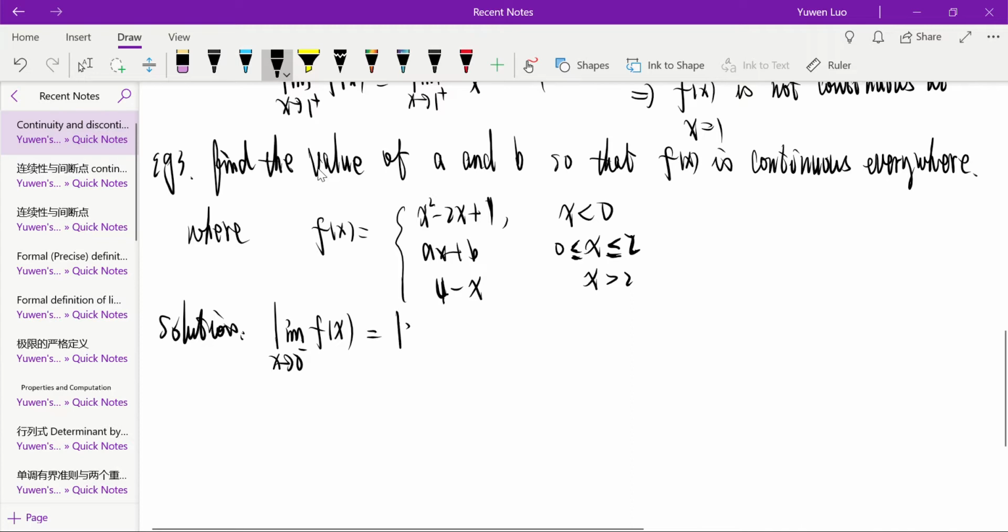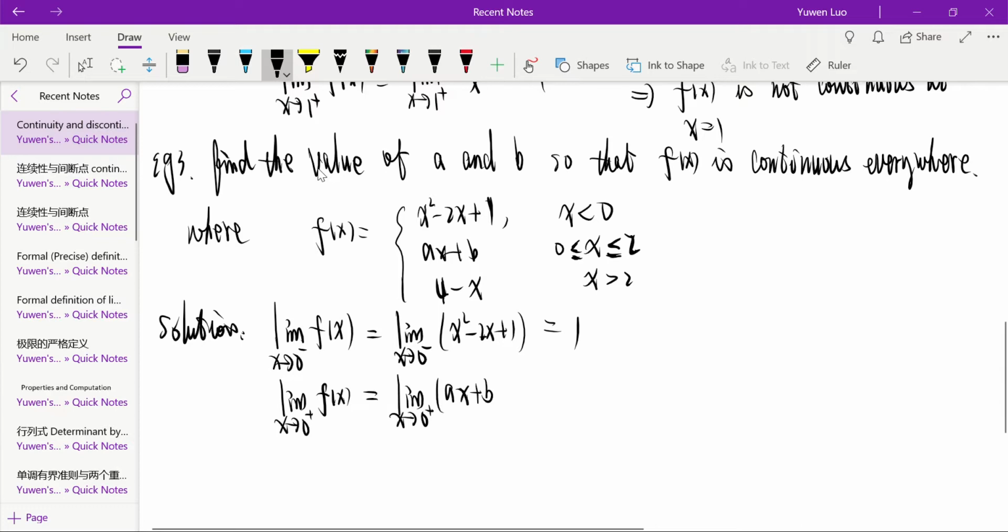The left limit at x equals 0, that is x squared minus 2x plus 1, and take the limit, that is 1. And the right limit at x equals 0, that's ax plus b. When x equals 0, that's b. If the function is continuous, the left limit should equal the right limit, so b equals 1.